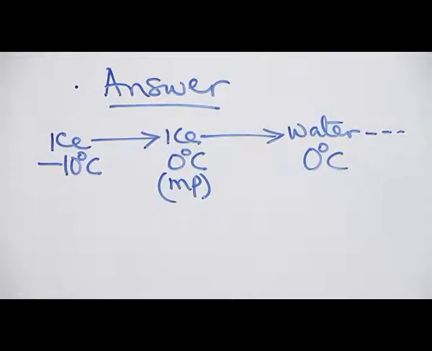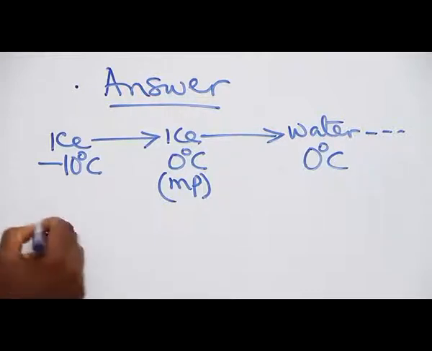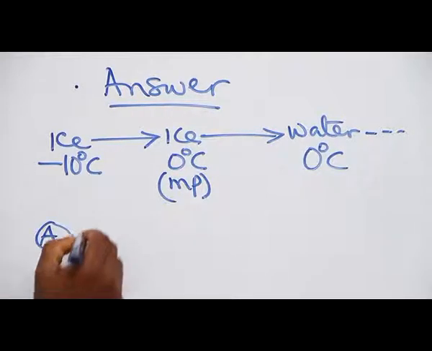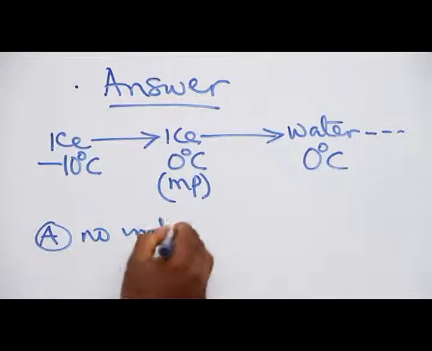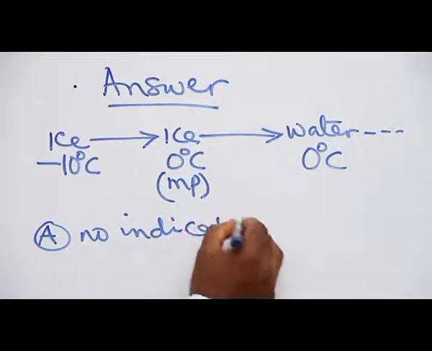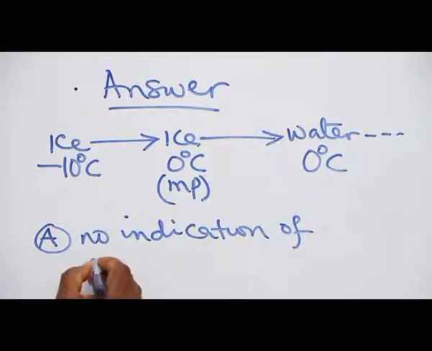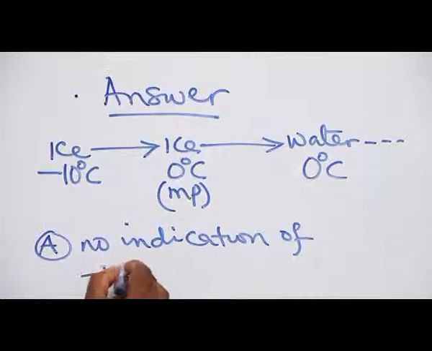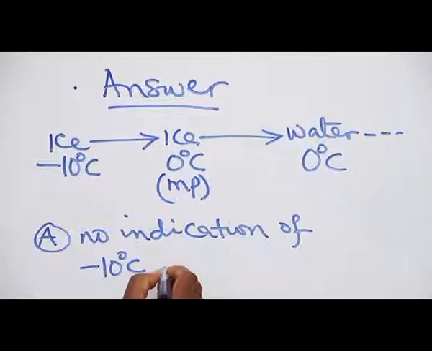Graph A is wrong for the following reasons. A, no indication of minus 10 degrees Celsius in the graph.